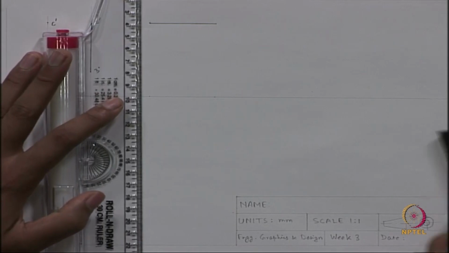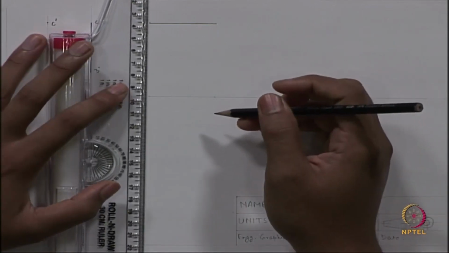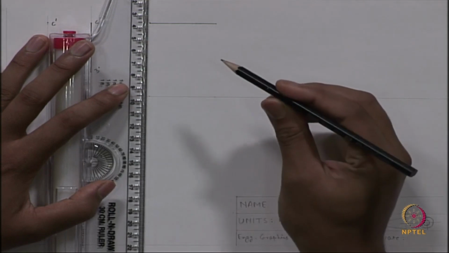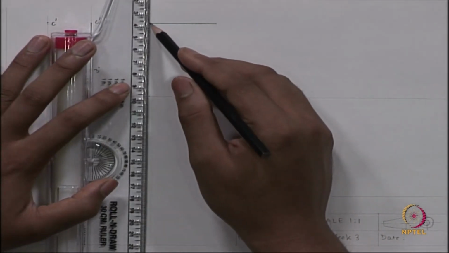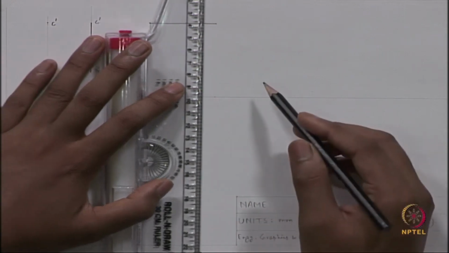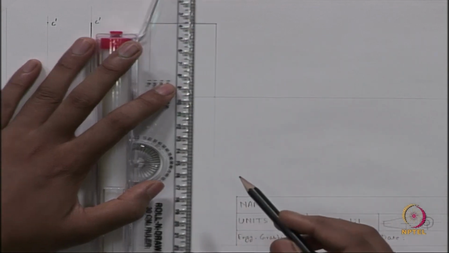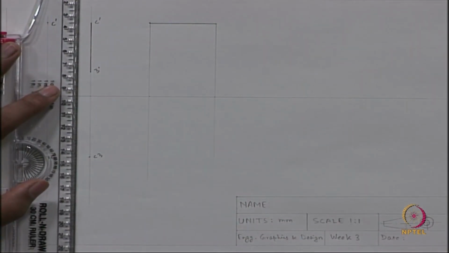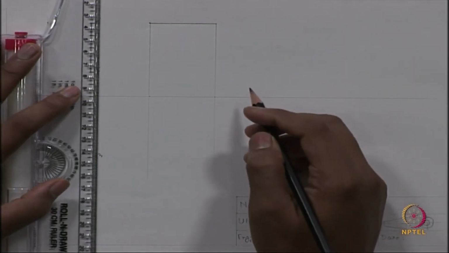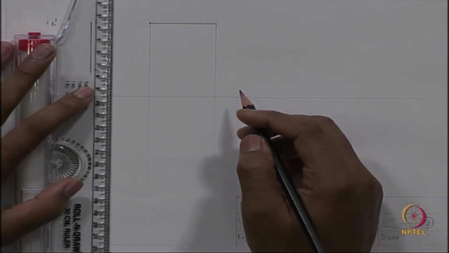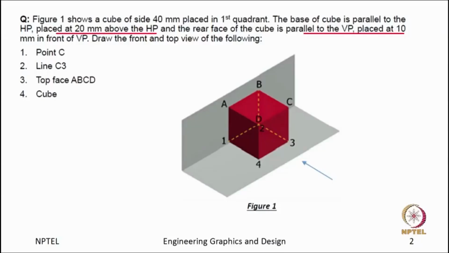So, we will draw the construction lines here using H pencil. Our top view should be within this boundary. The line AB will be at a distance of 10 mm from the reference line, and the line CD will be at a distance of 50 mm from the reference line.